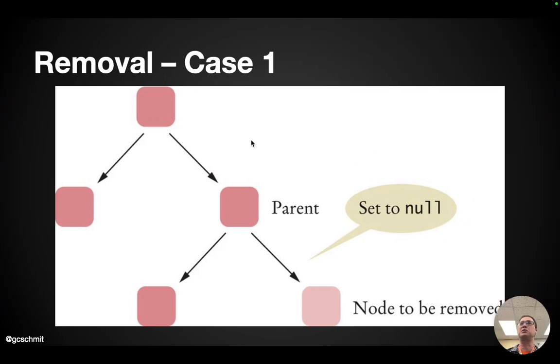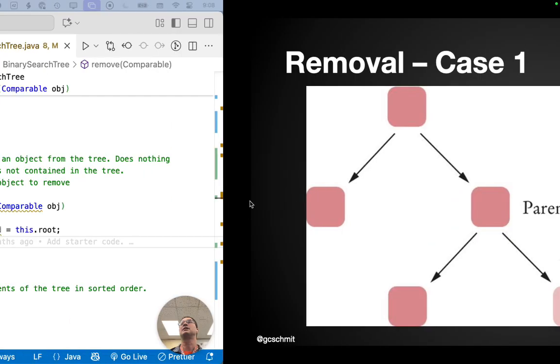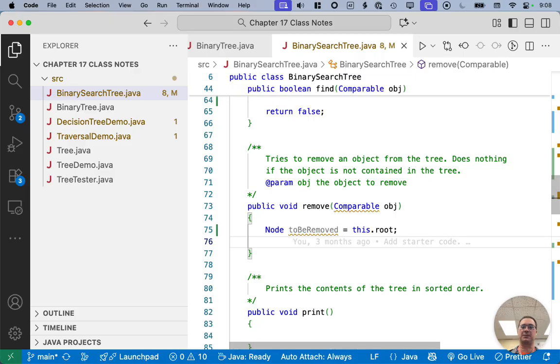In order to do this case in this algorithm, not only do we need to find the node to be removed, but we need to keep track of who its parent is. So we're going to need another local variable where we can keep track of the parent. And the parent's going to start as null because the root has no parent.